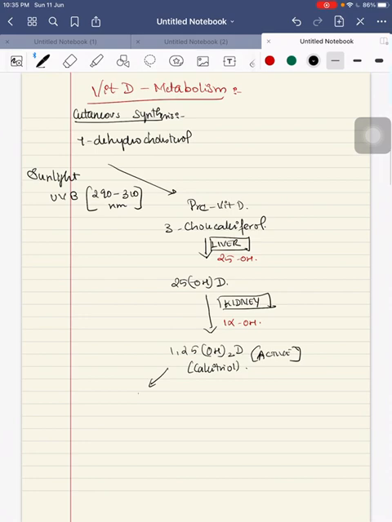Okay. In this active form, in the bone, it causes mineralization. In renal, it causes reabsorption of calcium.